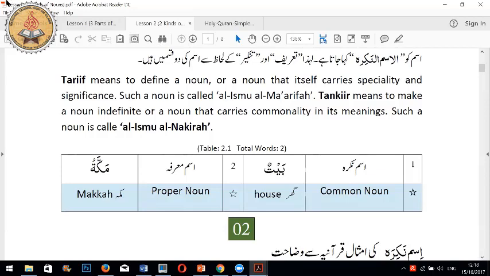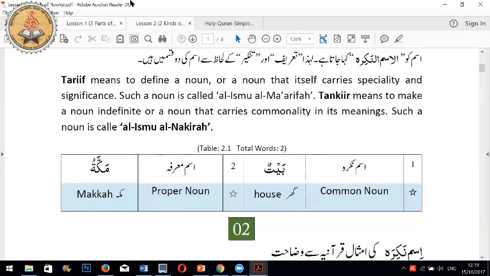Now the table 2.1, when I say 2.1, it means lesson number 2 and table number 1, in which examples have been given to you. Now, baytun, the first example is baytun, house. And this is, I said, a common noun, baytun, because there are millions of houses in the world. Bayt, baytun, bayti, my house, baytuk, your house.